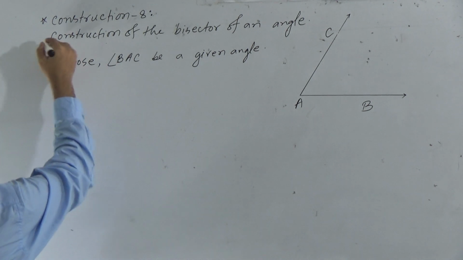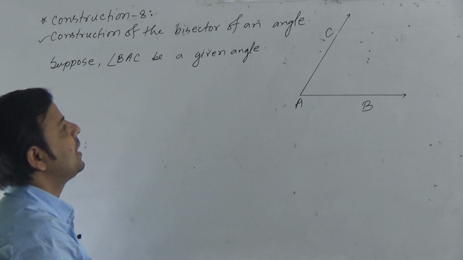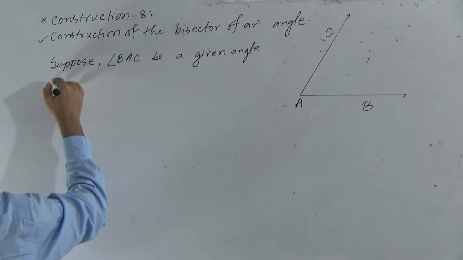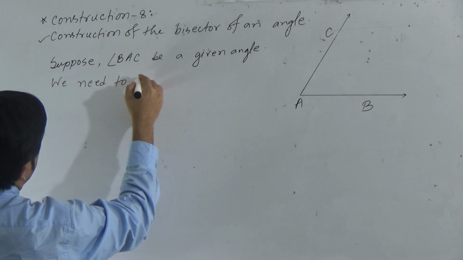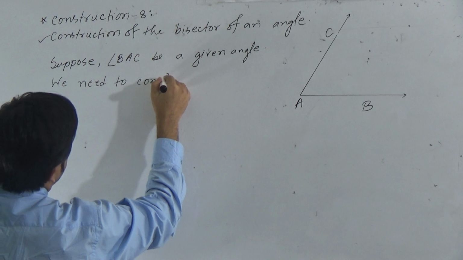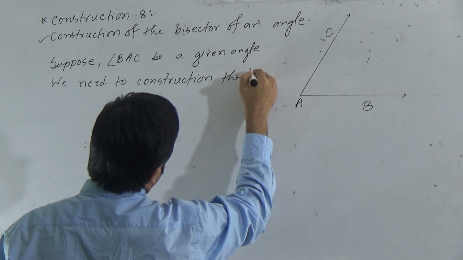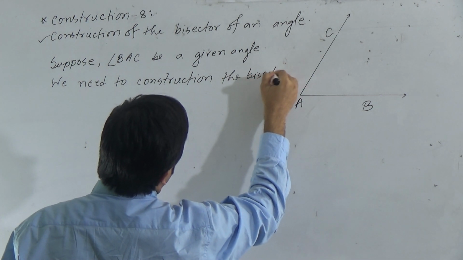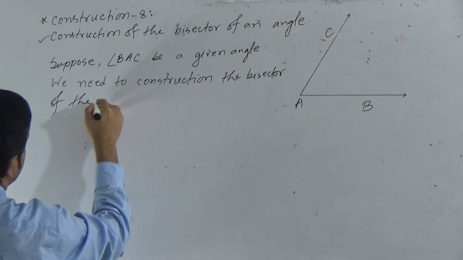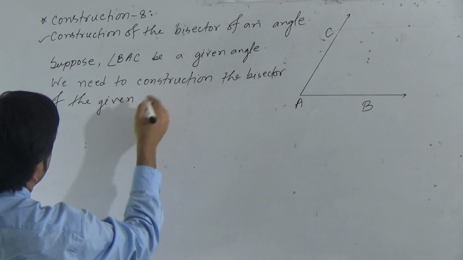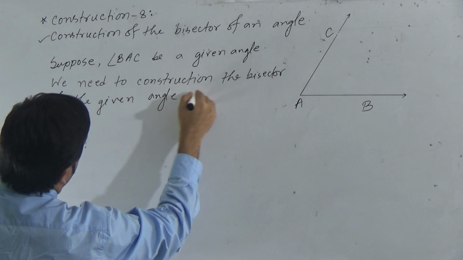According to the Construction-8, we need to construct the bisector of the given angle. So we can write, we need to construct the bisector of the given angle BAC.